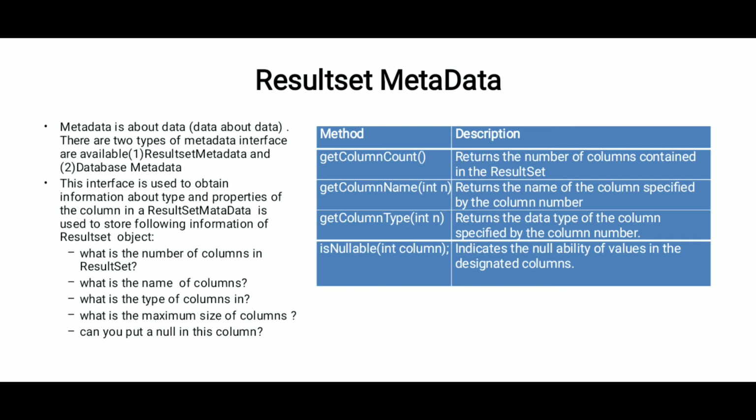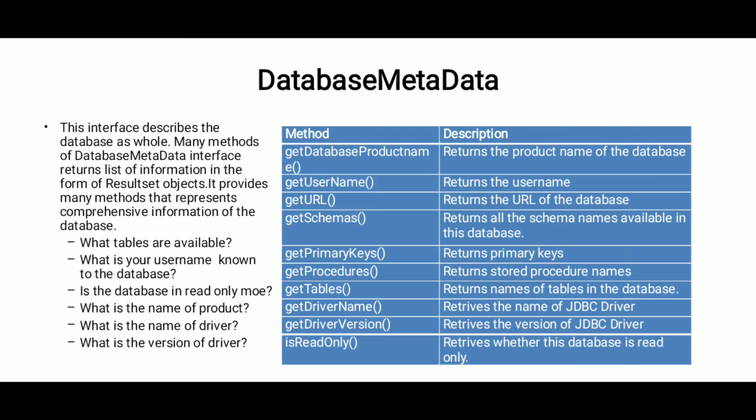Then the next one is isNullable. If you want to check whether any column is nullable or not, or contains any null value or not, then the isNullable method is called, and for that particular column you have to pass the column number in the parameter. So these are the methods of ResultSetMetaData.